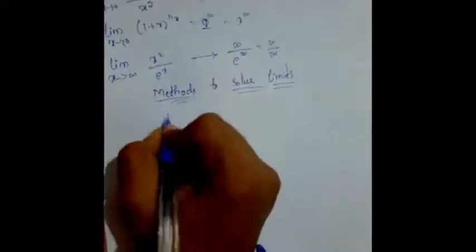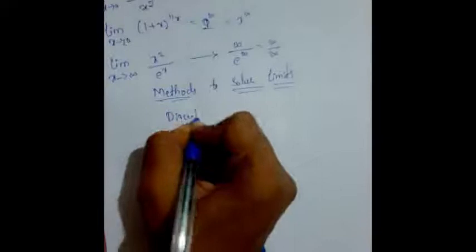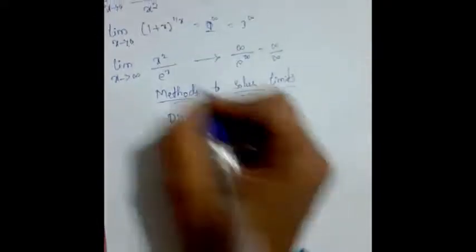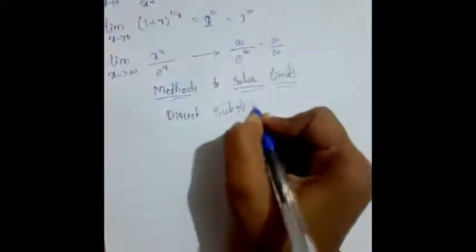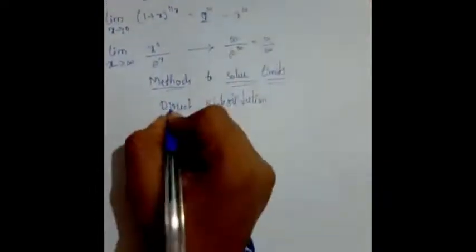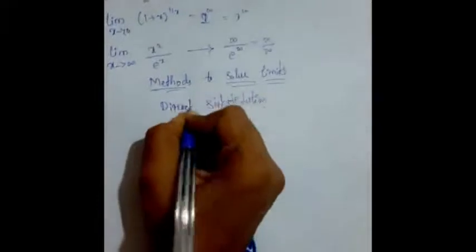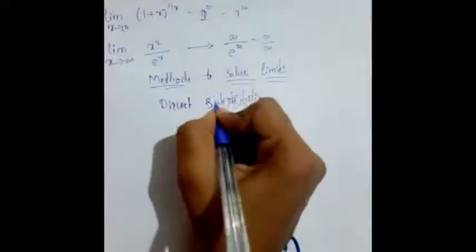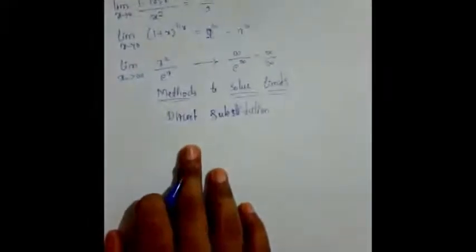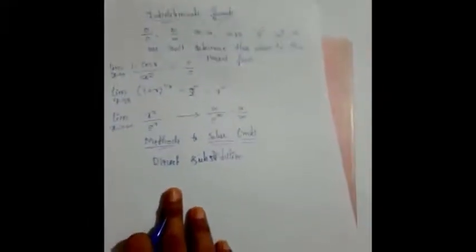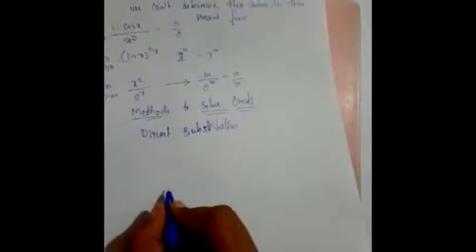The first one is direct substitution. These are not serial wise, I am taking them randomly. In direct substitution, if you put the approaching value into the function, sometimes you get a finite value, sometimes an indeterminate form.